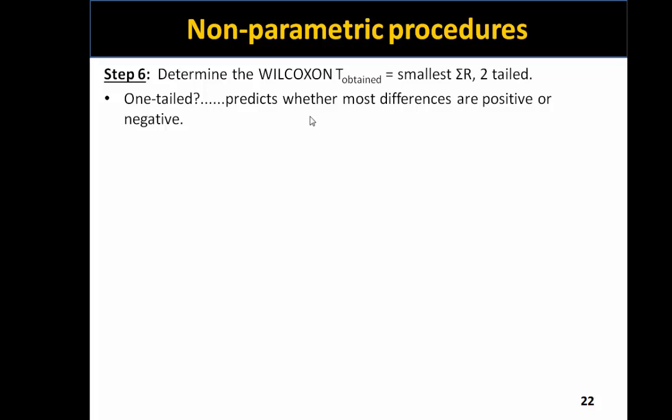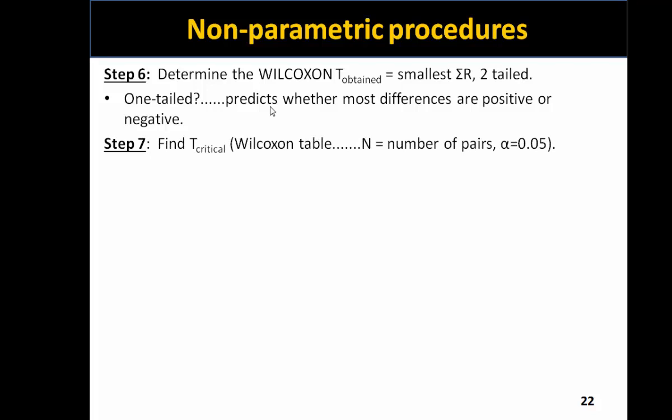And so there is an option where a one-tailed approach can be used, where in that sense the prediction is whether the differences are either positive or negative. But we're going to stick with the two-tailed approach here.